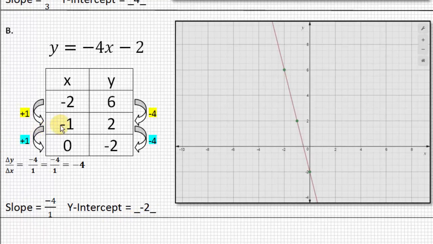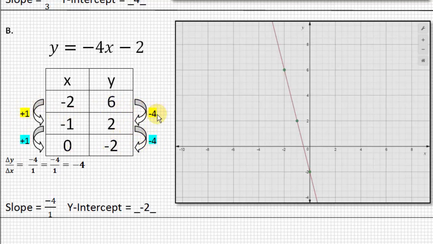Okay, so let's take a look and compare. So I found my change in x and my change in y. And so my x values were adding 1: from -2 to -1 was adding 1, from -1 to 0 was adding 1. And then for y, from 6 down to 2, that's subtracting 4. And from 2 down to -2 is subtracting 4 again. So this one's really nice.